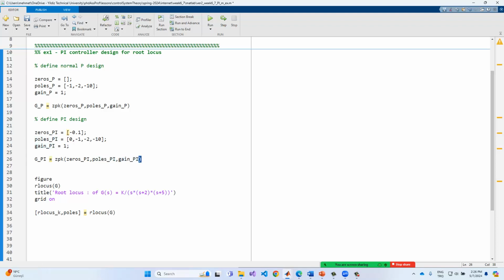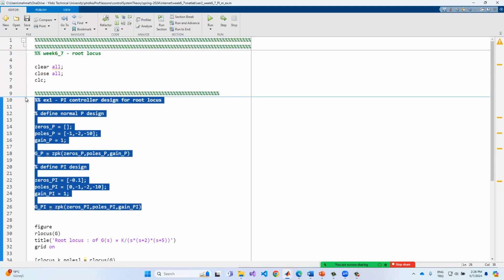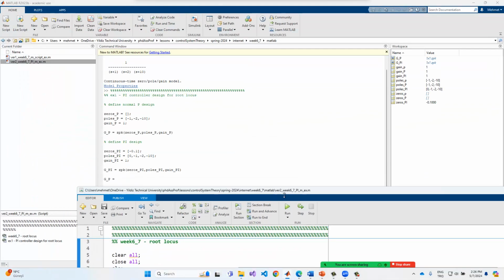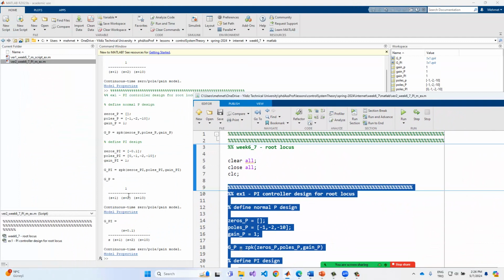Okay, so first of all, we have two transfer functions in here, but with different conditions. Firstly, just see the GP: 1 divided by s plus 1, s plus 2, s plus 10, but the integrator term or the integral controller can be added with s plus 0.1 over s, and s plus 1, s plus 2, and s plus 10. We can do that. We can add the PI controller in here.